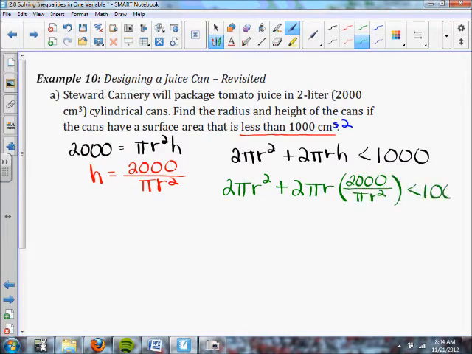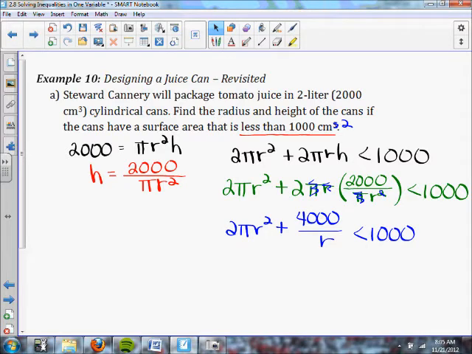And again, that still has to be less than 1,000. Doing some simplifying, we'll have 2 pi r squared plus 4,000 over r has to be less than 1,000. Okay?